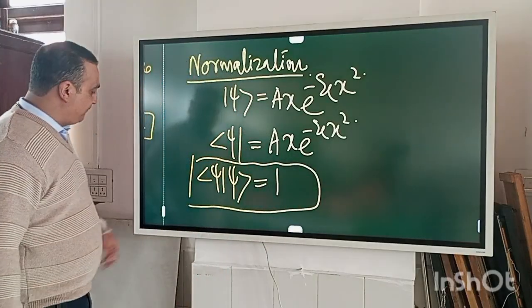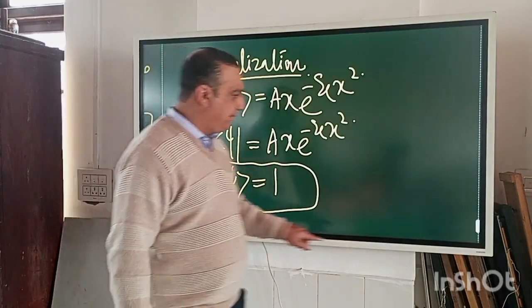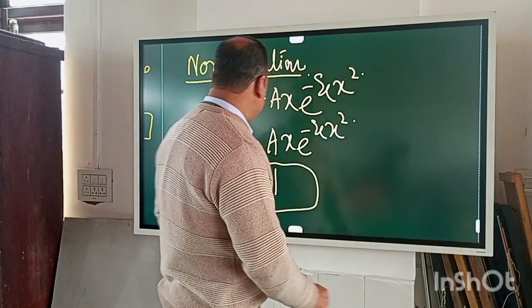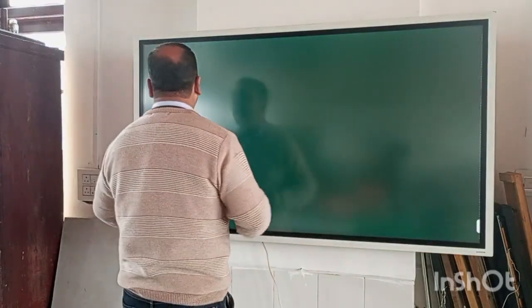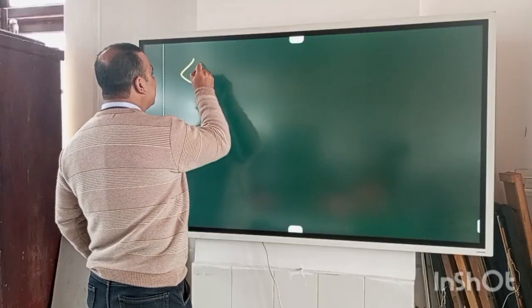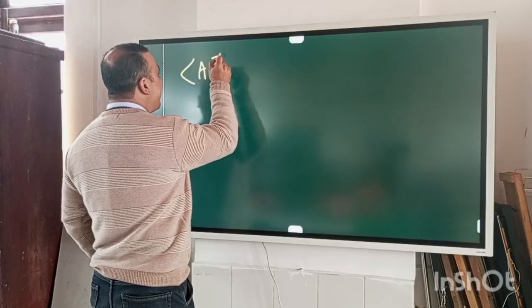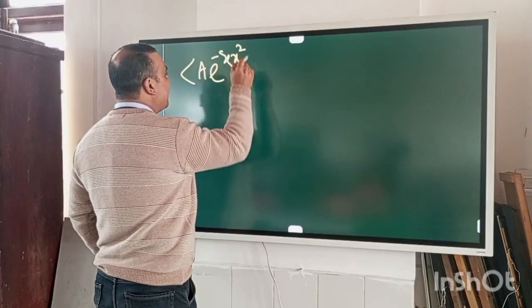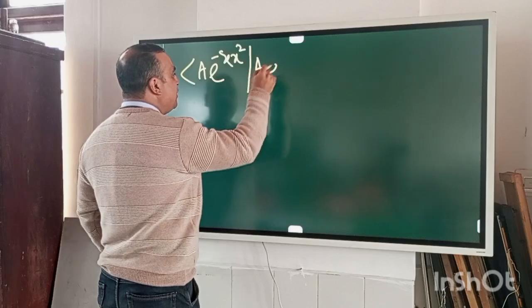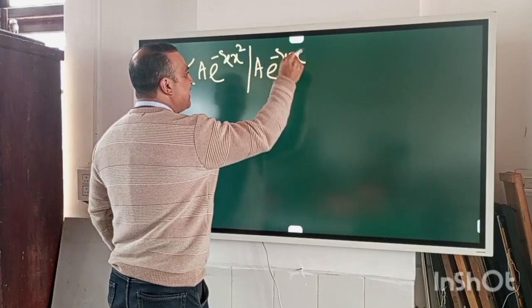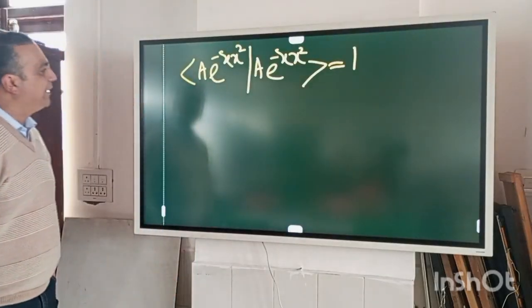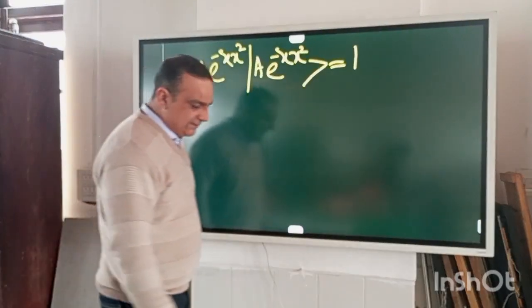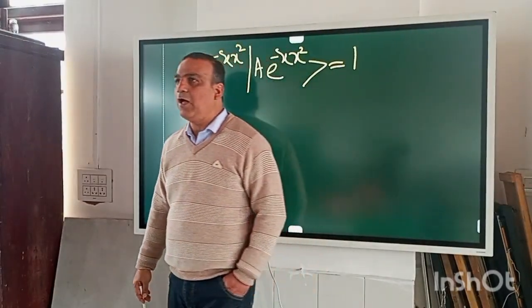So proceeding from here, what we can do is look for the bra. So this is A x e to the power of minus zeta x squared, then A x e to the power of minus zeta x squared. This has to be equal to 1. Now let's write down this bracket in integral form.